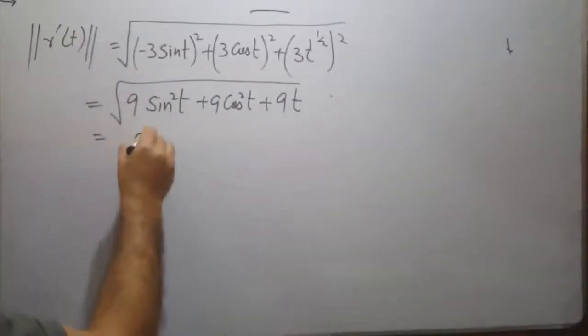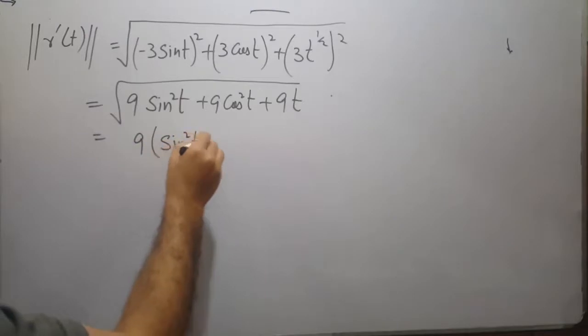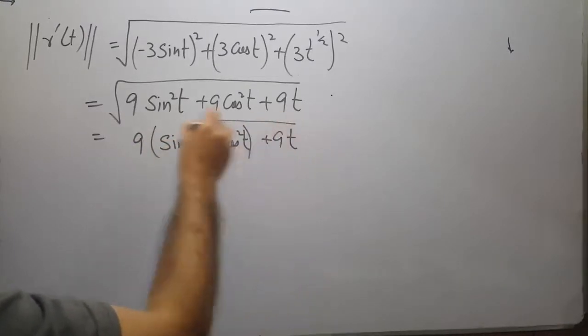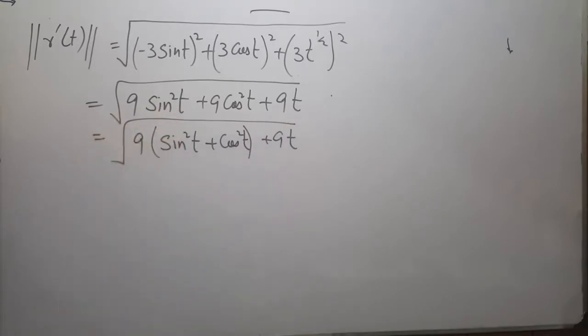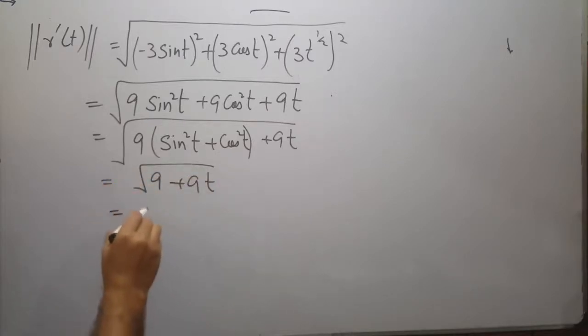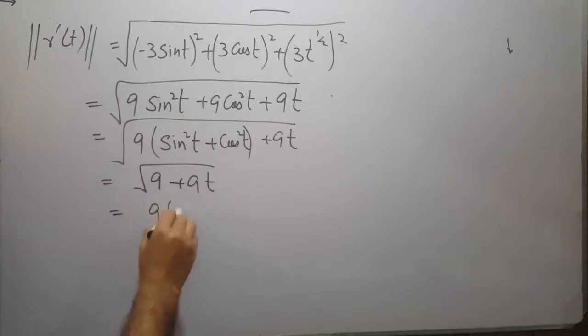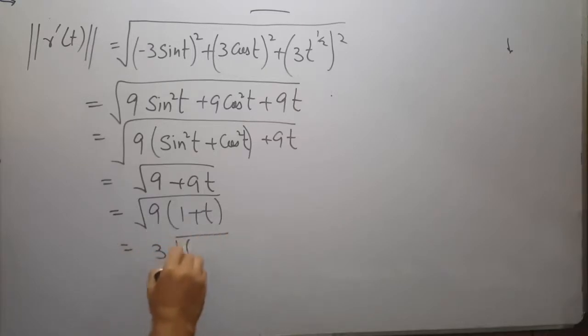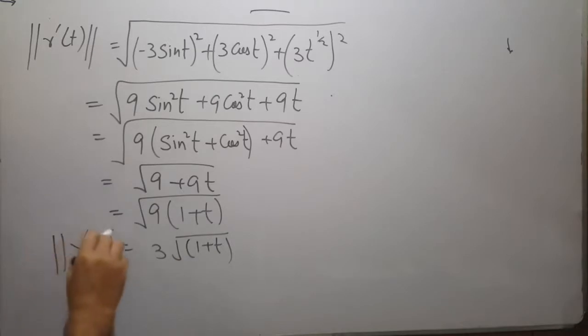If we take 9 common, this is sin squared t plus cos squared t, and the 9t. We know that sin squared t plus cos squared t equals 1. So this gives us 9 plus 9t, and if we take out 9, it gives us 9 times 1 plus t. So our magnitude of r prime of t is the square root of that, which is 3 times the square root of 1 plus t.